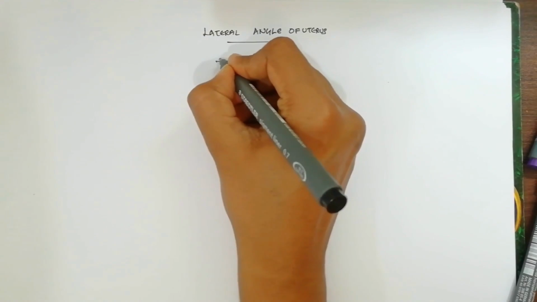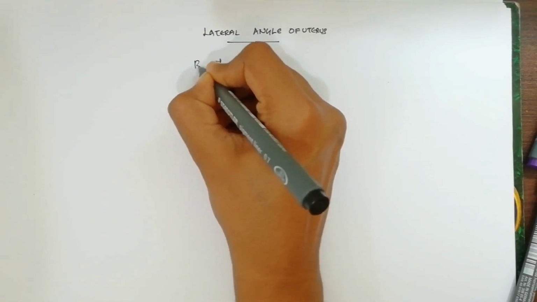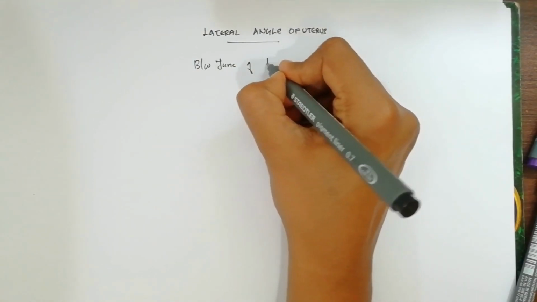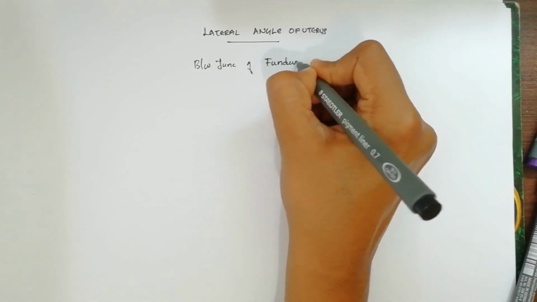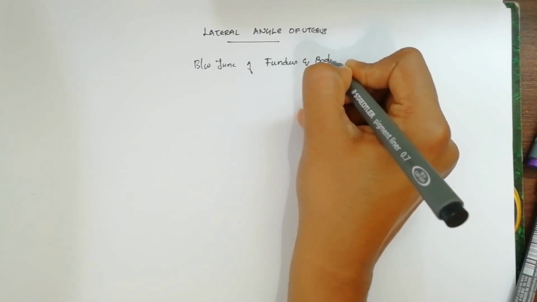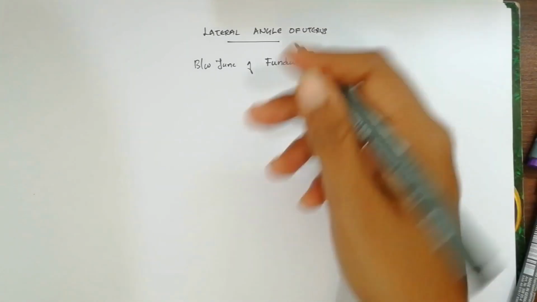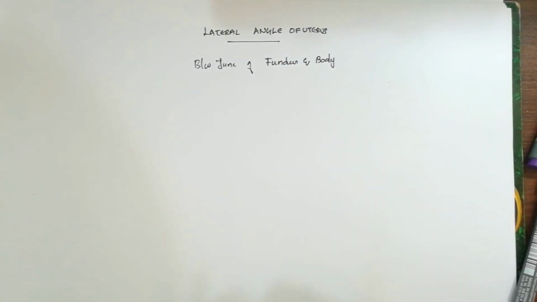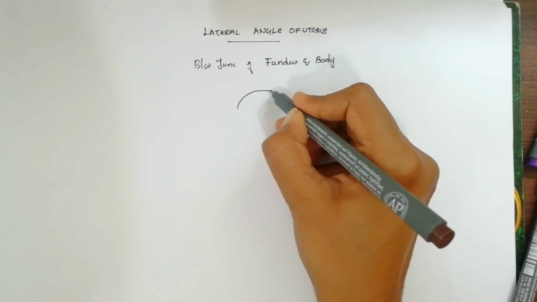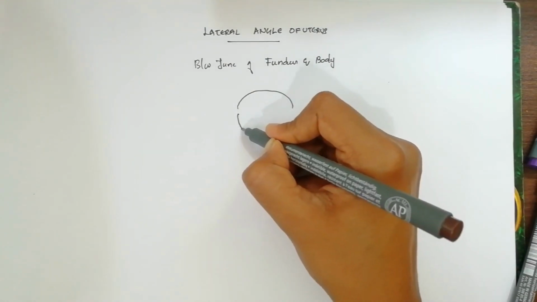Talking about the lateral angle of the uterus, it is seen at the junction of the fundus and body. We have this lateral angle placed, and this is a very important question which is commonly asked.